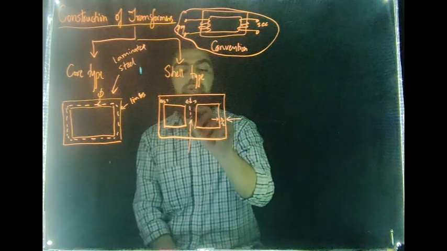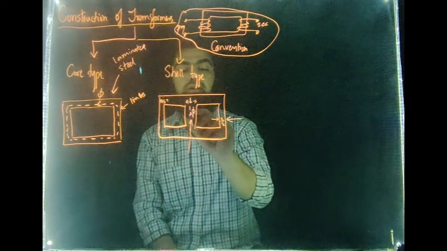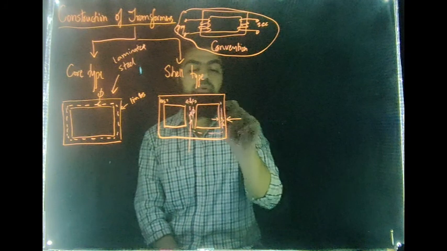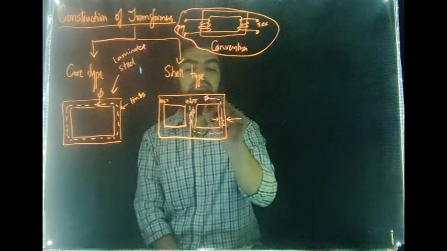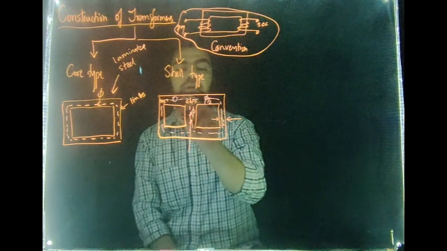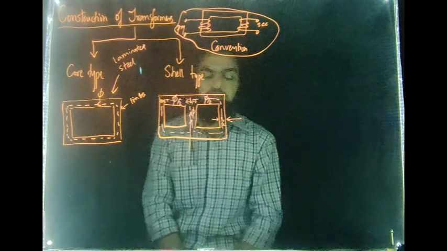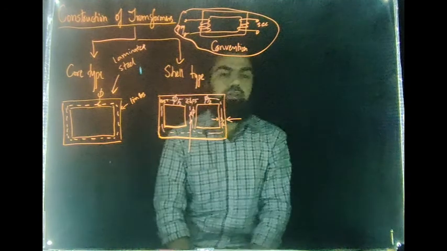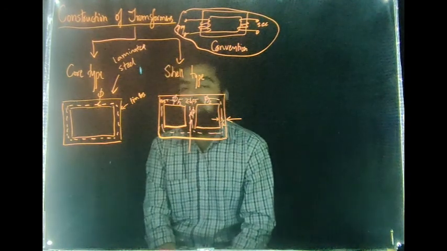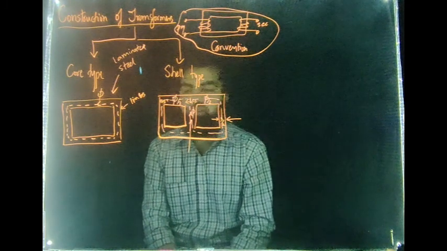If flux phi is concentrated through the central limb, phi by 2 will flow in this path and phi by 2 will flow along this path. That is about the dimensions of the core type and shell type transformers, and how the flux is distributed in them.